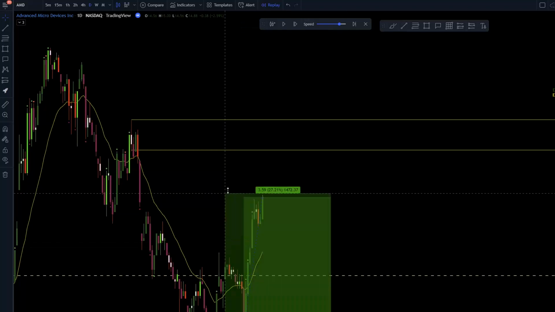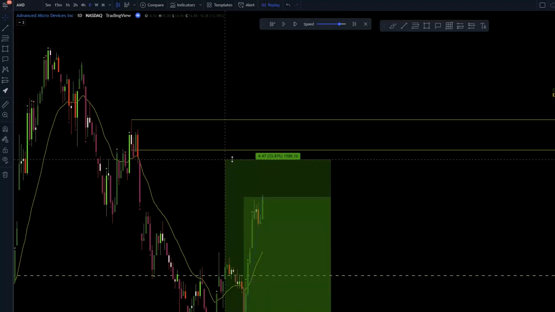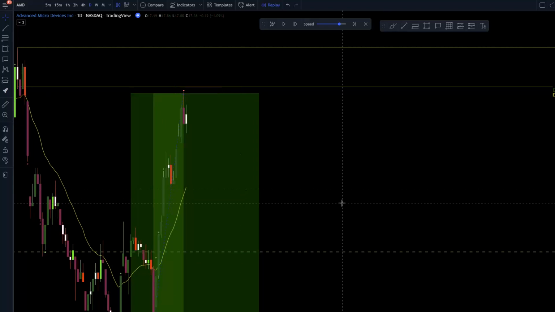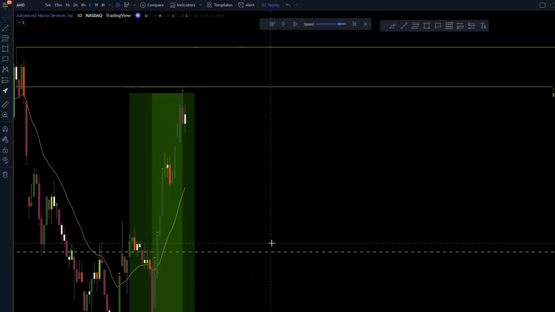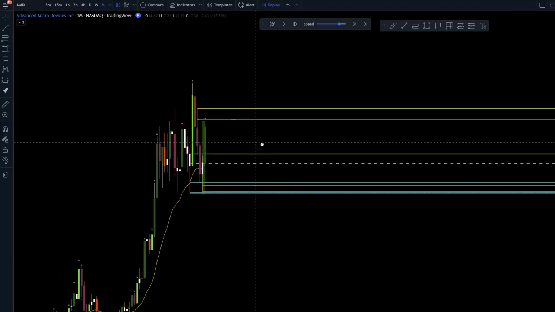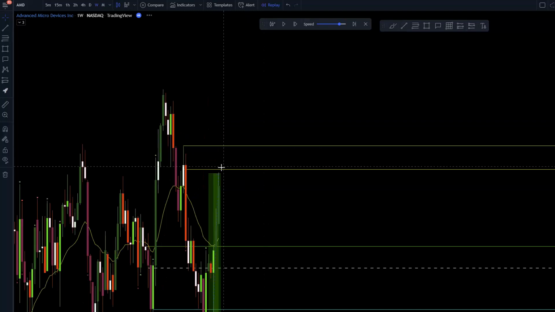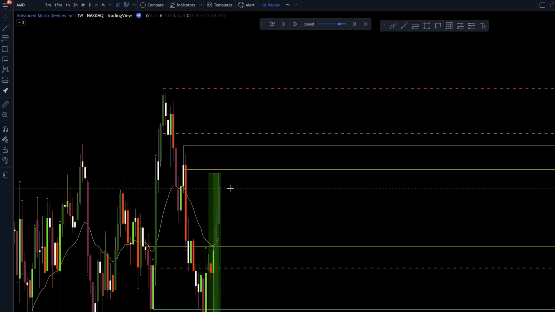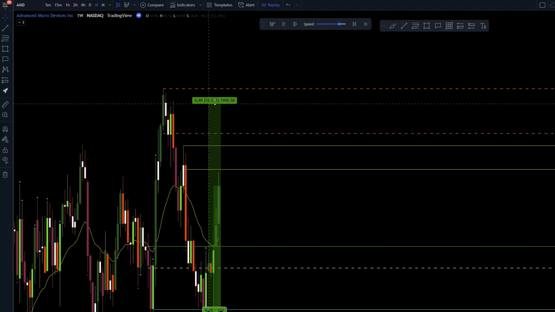Let's see if we do a double distance. Yes, it would have gone in case we would have stayed. No use. Let's try whether it would have reached the next target of 1:10.